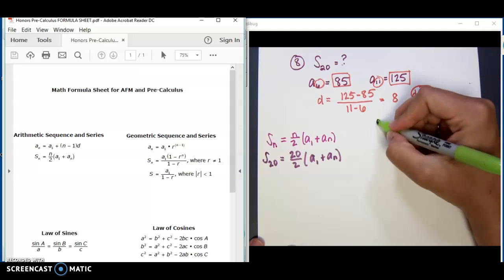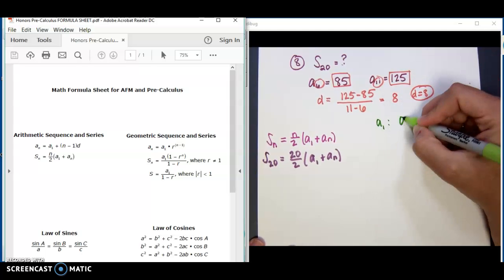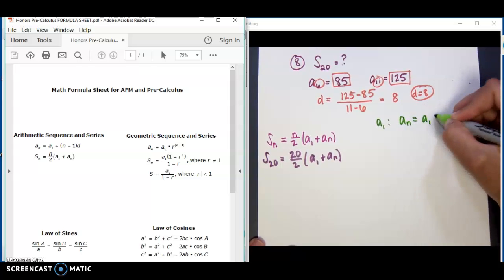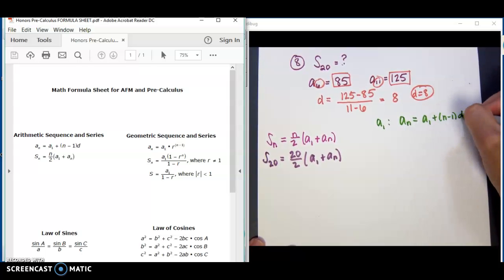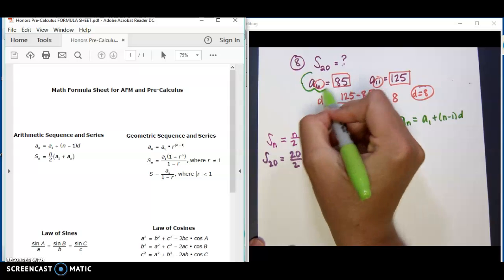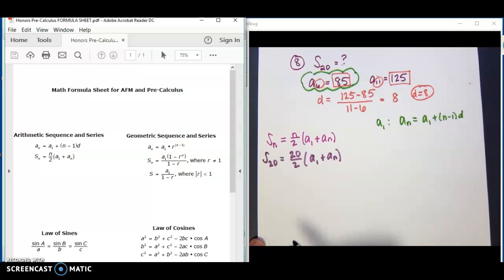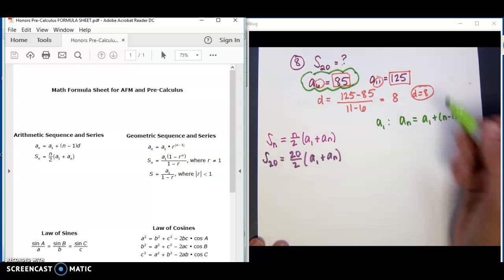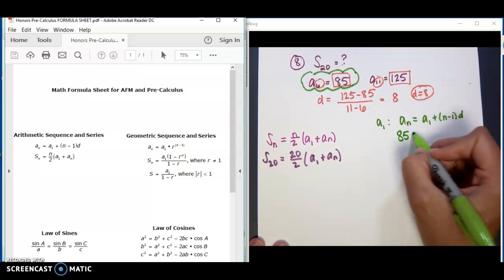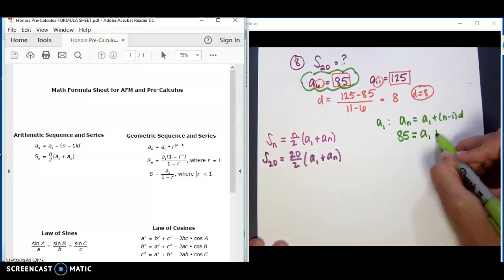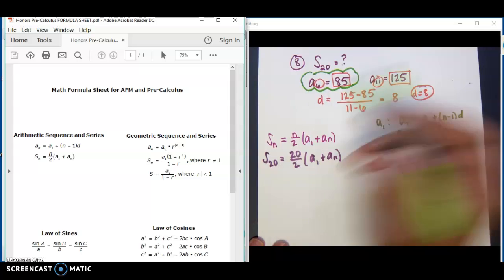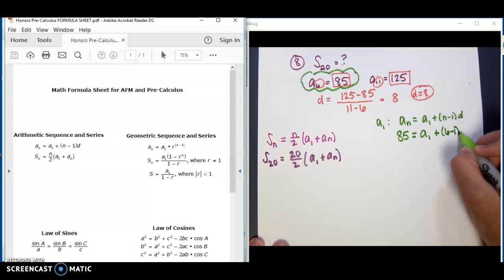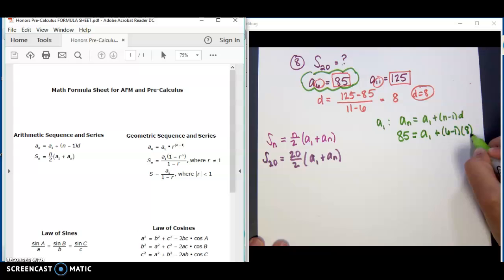And remember, to get the first term, we would use that explicit formula from the formula sheet. Okay, and I'm just going to pick the first one. You could pick either one. We know A sub 6 is 85. So I'm going to put 85 equals, we do not know A sub 1. Because that was A sub 6, I'm going to use 6 for n. And we just figured out the common difference was 8.